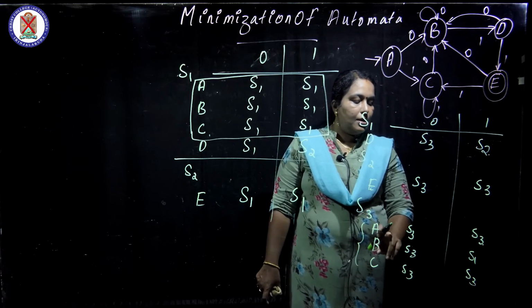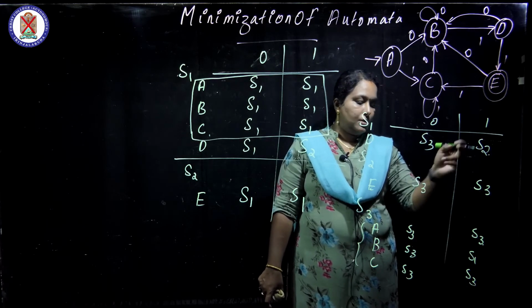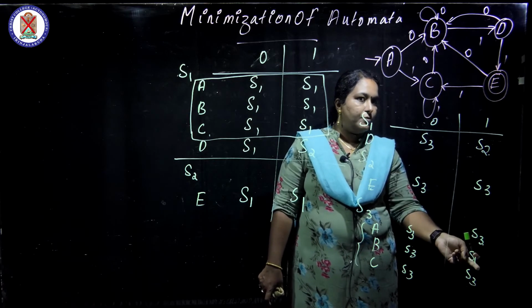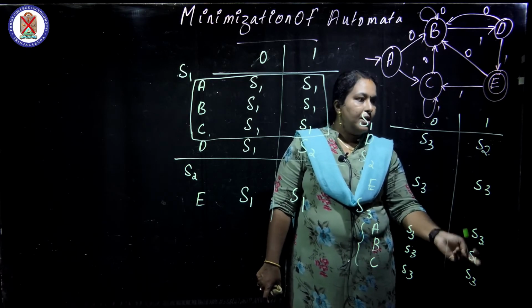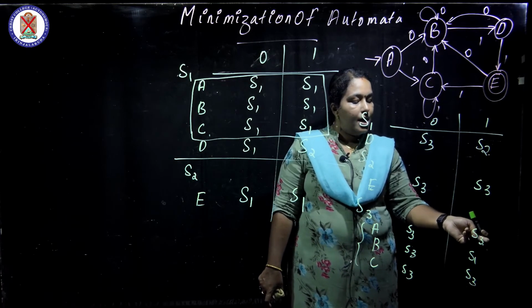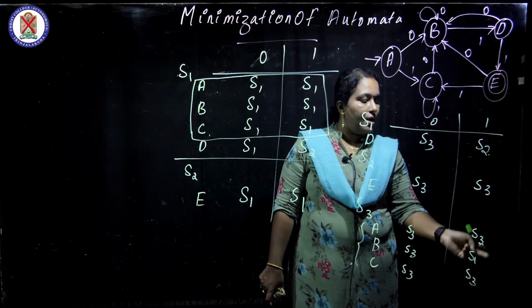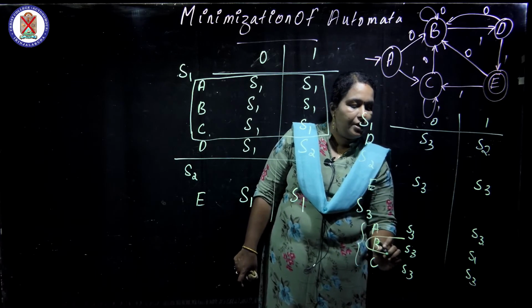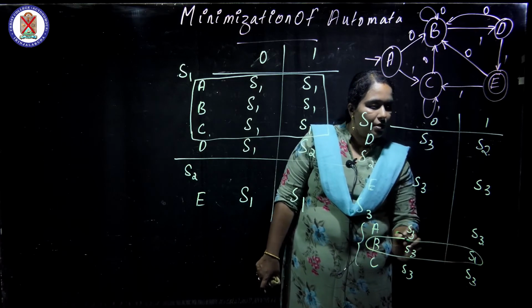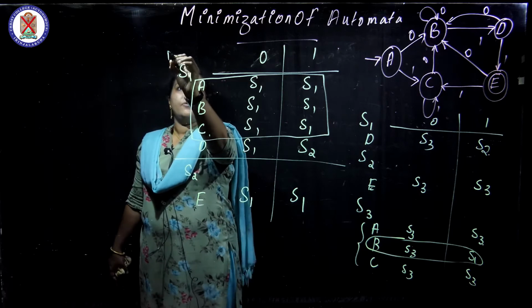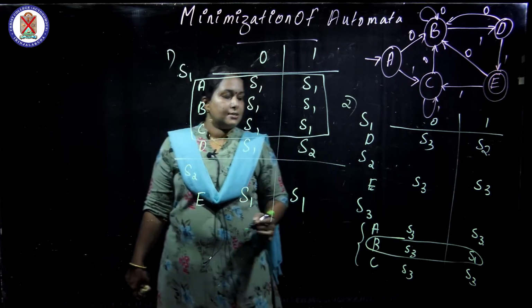B differs from A and C on one alphabet, because when 1 comes, B is moving to S1, but the remaining A and C are moving to S3. So B must be removed from here, isn't it? So I am removing that from here. This was the first step, this was the second step.